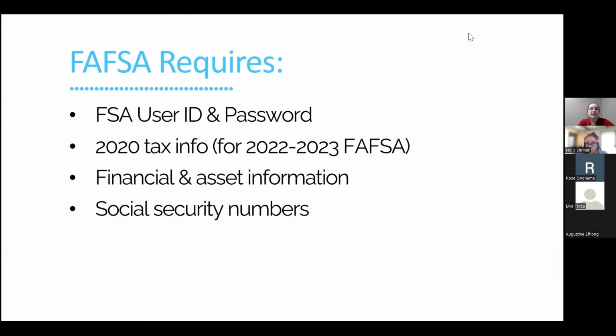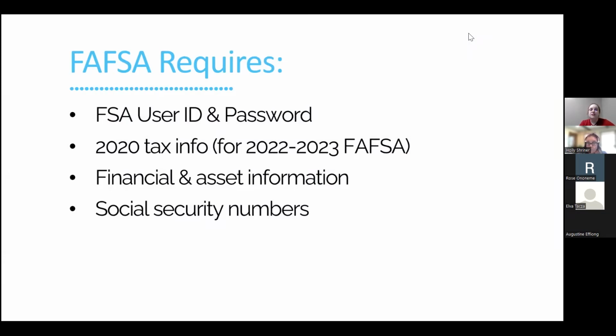Through the FAFSA, you're required to create an FSA username and ID. This is what you'll use to fill out the FAFSA each year, complete required to-do list items, and see the status of your loans. If you've taken out loans in undergraduate, you've probably already made an FSA username and ID, so you'll still use that same login information.